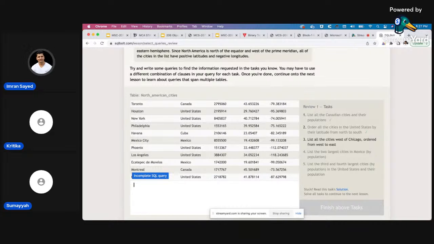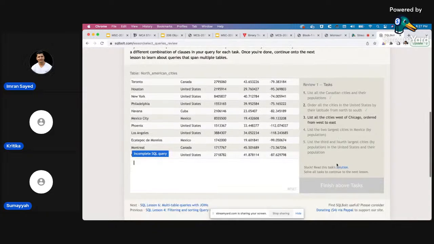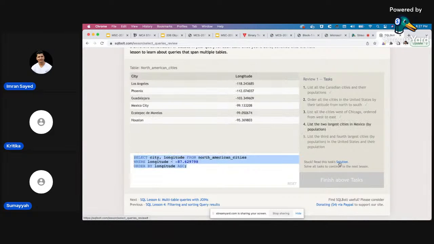Okay, let's not spend too much time. We'll look at the solution. We are stuck. It's hard coding the value. Okay. I was thinking on the similar lines to hard code, but then fine.